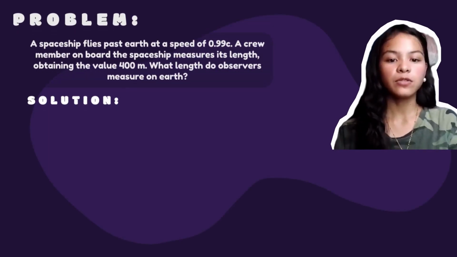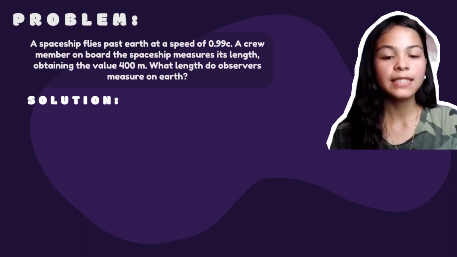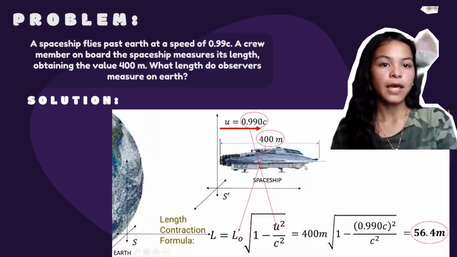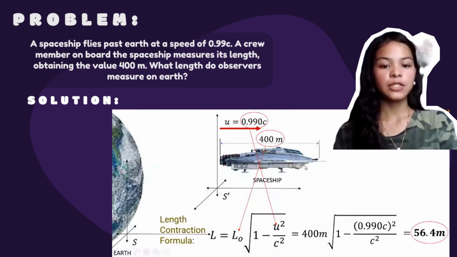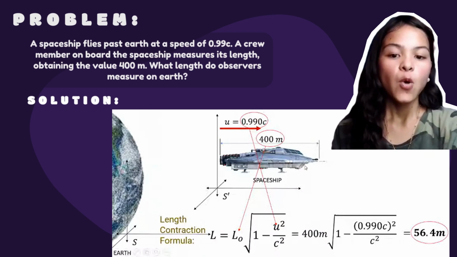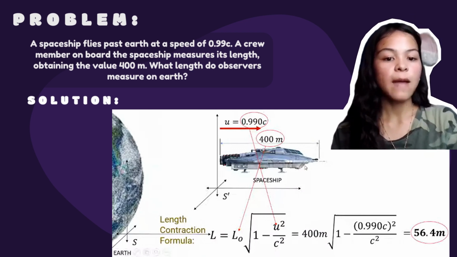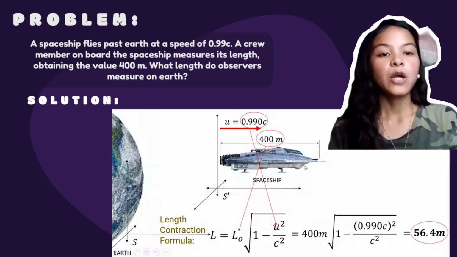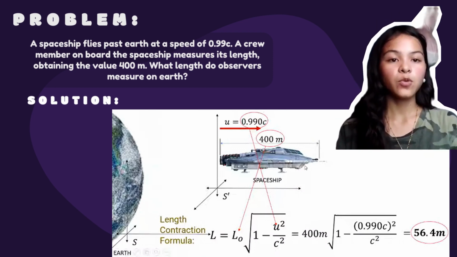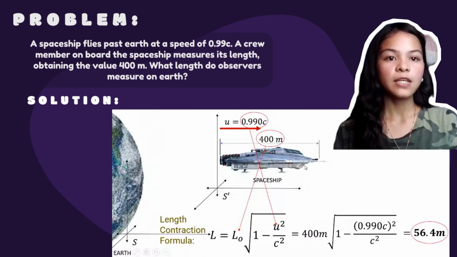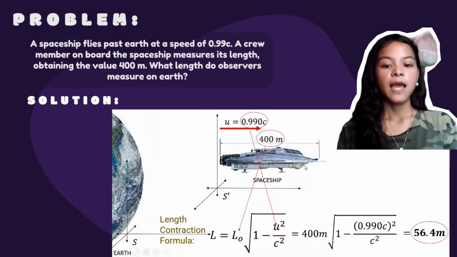The measured length is equal to the data from the crew members inside the moving frame, which we can now identify as its proper length, 400 meters, times the square root of 1 minus u squared over c squared, where u is the speed given as 0.99 c.